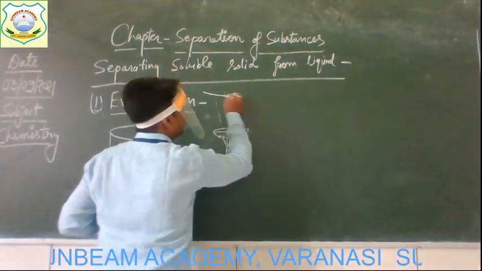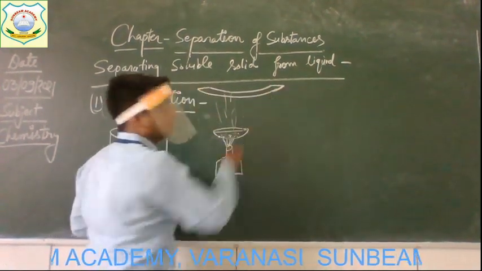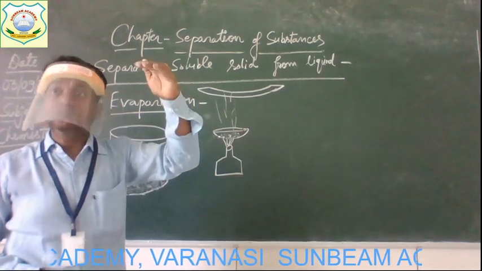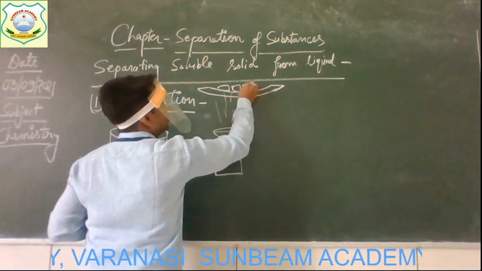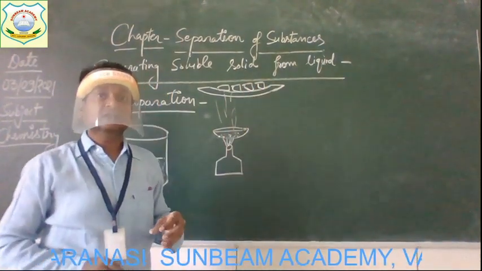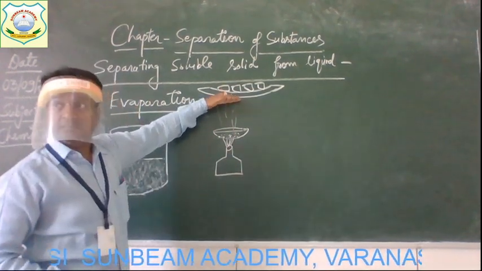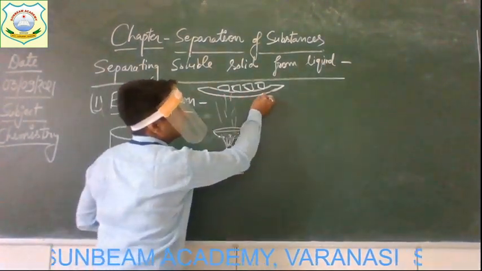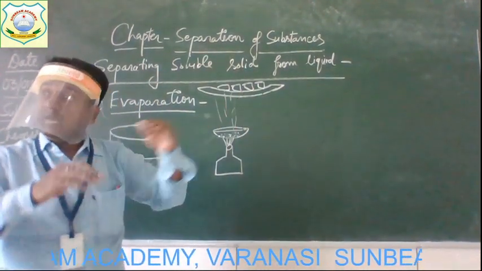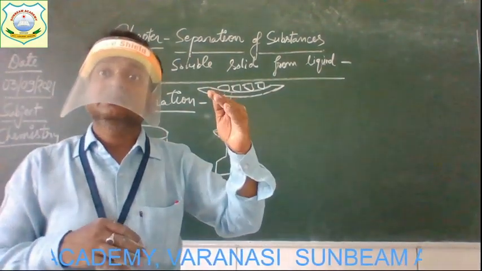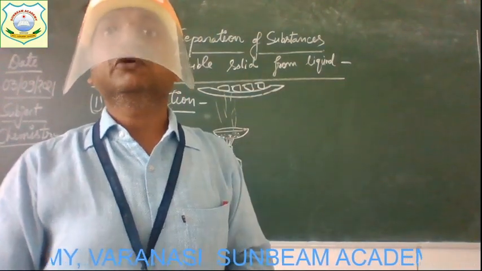Now place a cool plate, and you can keep some ice cubes on the plate to make it cool. Now when this water evaporates, it will come on the surface of the plate, and the surface of the plate is so cool because of the ice. So what will happen to the vapors? They again convert into liquid droplets.